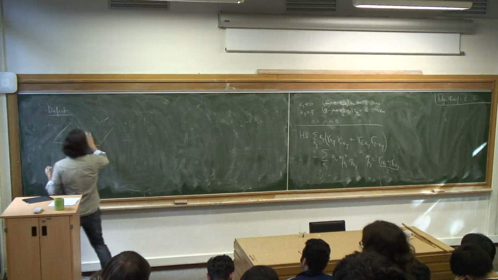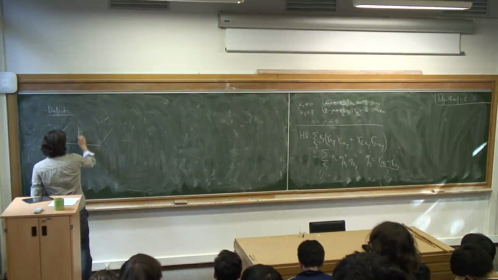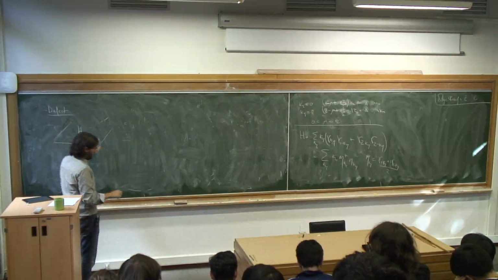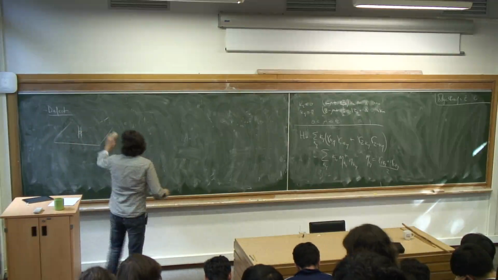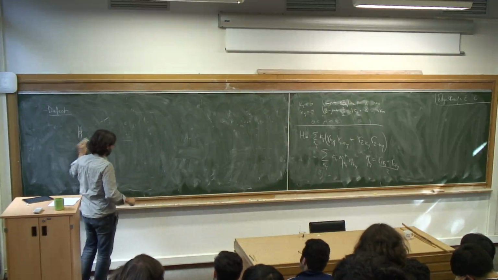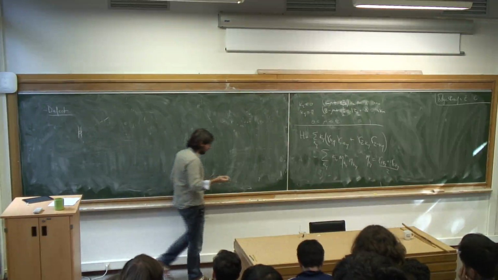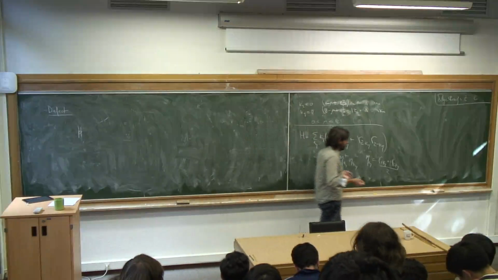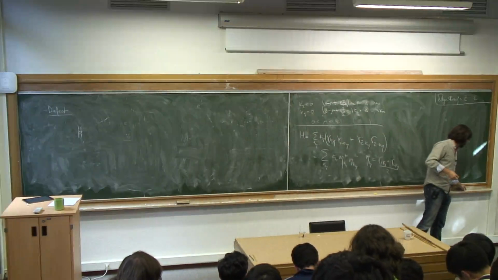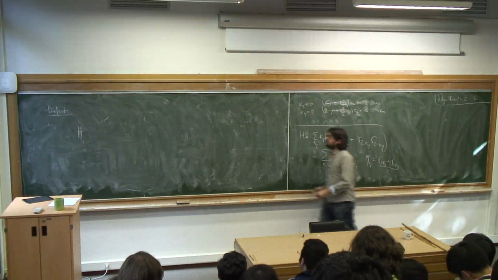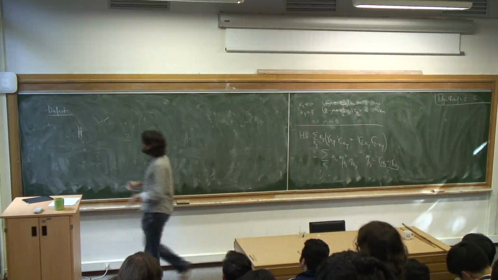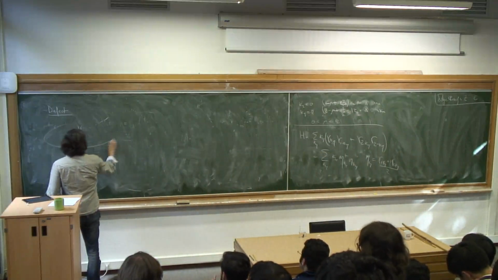So now let me put a vortex in a superconductor and ask what happens to it. I'm going to put it in a superconductor of Chern number C. First, let's put it in a superconductor of Chern number 1, so just a p plus ip superconductor. Let me draw several geometries.